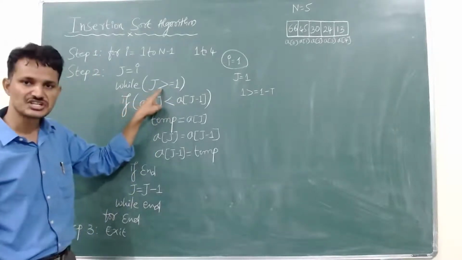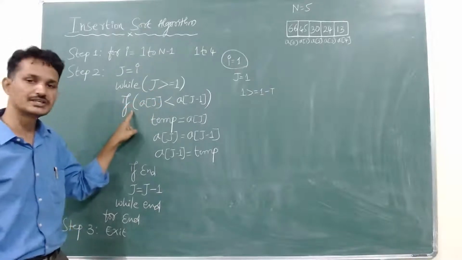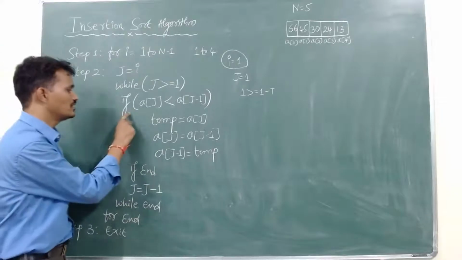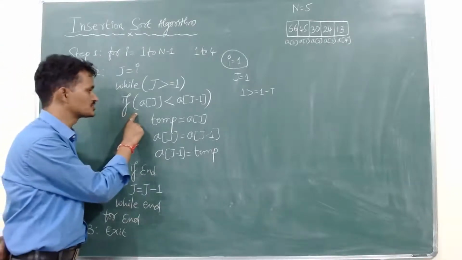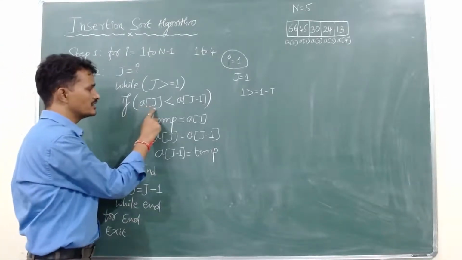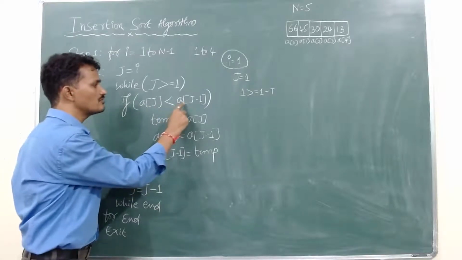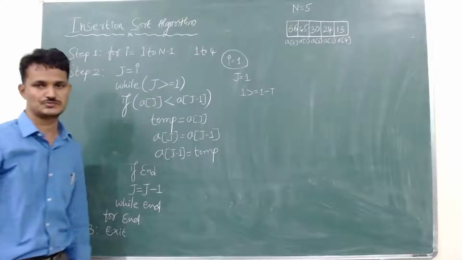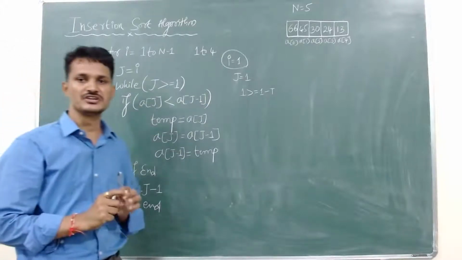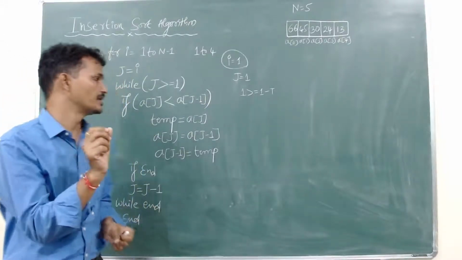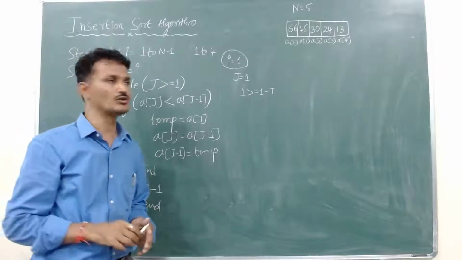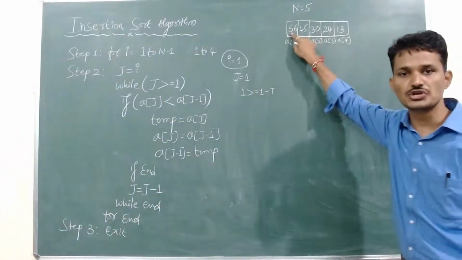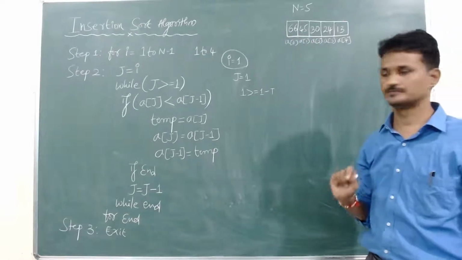So when this condition is true, we'll execute this if condition. If a of j is less than a of j minus 1, what we are doing here is comparing the first two consecutive locations, that is, a of 0 and a of 1.